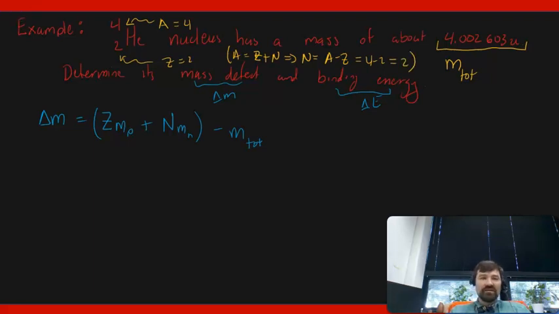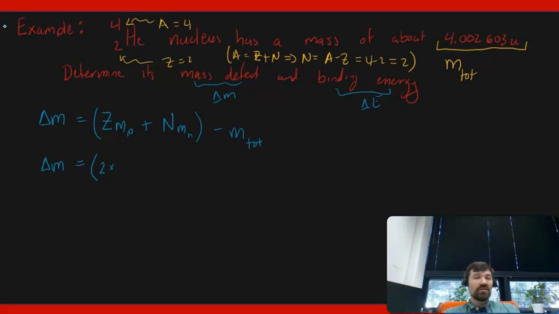So coming down here, my mass defect delta M is equal to 2 times the mass of a proton. For the mass of a proton, we could either convert the unit U into kilograms or eV over c squared, or we can convert these to U's.